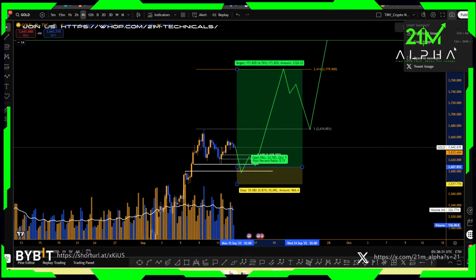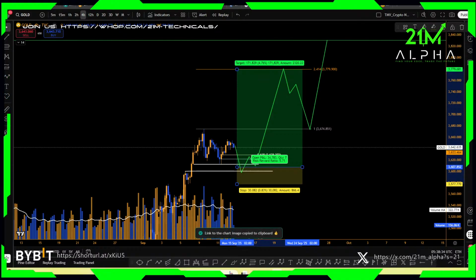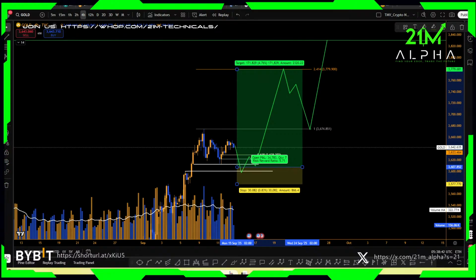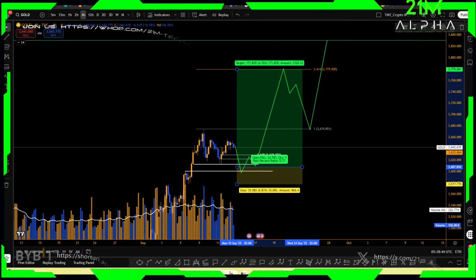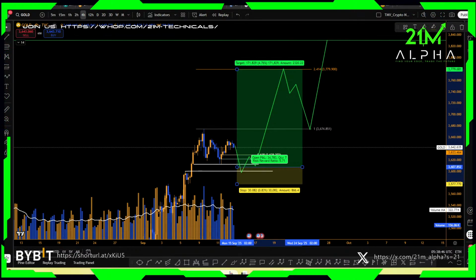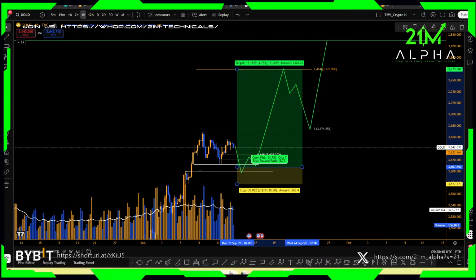Let's play this one. I'm just going to give it 3607.8 is where gold limit 3607.9, stop loss 3577.77. Risk reward is 5.7, guys.